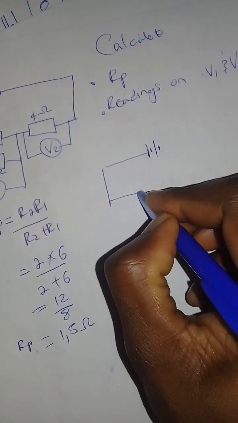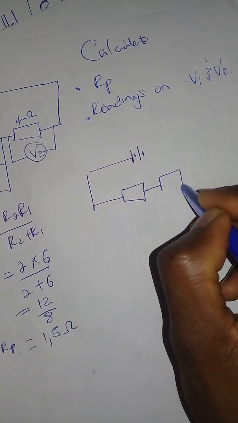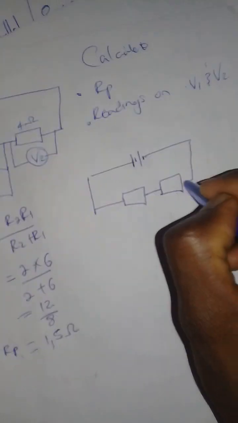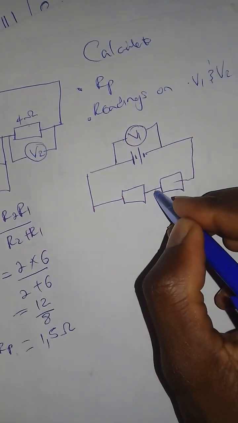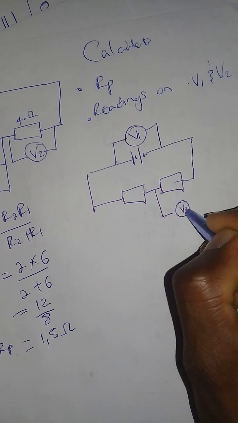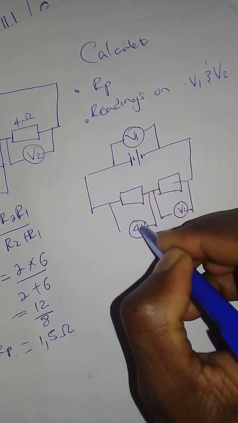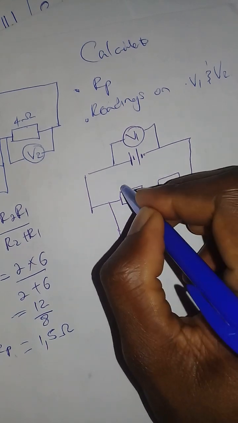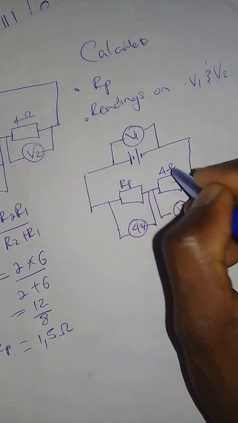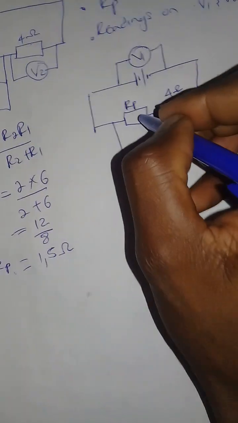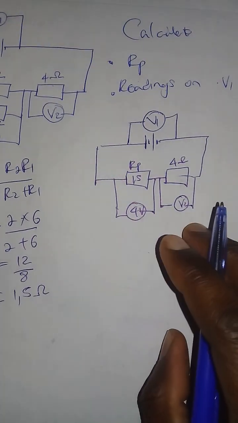We have this connection, our V1 there, then this is our V2, then this is our 4 volts, which is given. And now this is going to be your RP, 1.5 ohms here, and this will be 4 ohms.